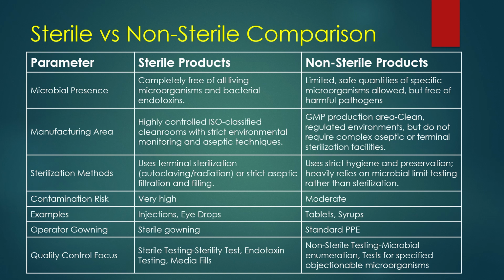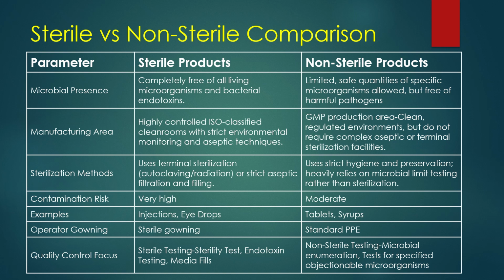Sterile products have a very high contamination risk because even a minor contamination can affect product safety, while non-sterile products have a moderate contamination risk and require microbial control within acceptable limits. Common examples of sterile products include injections and eye drops. And some examples of non-sterile products include tablets and syrup.